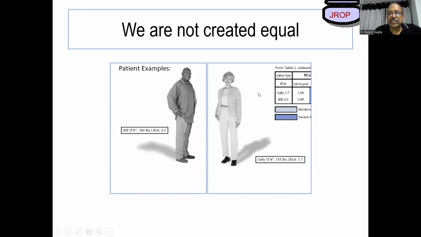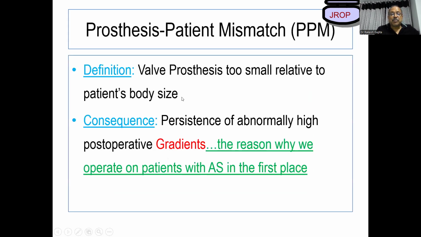Look, the body surface area of this lady is about 1.7, and she has got a valve size of 19 millimeters. But this patient has a body surface area of more than 2. And if we put in a size of 1.9 in this patient, he will definitely have a valve prosthesis mismatch.